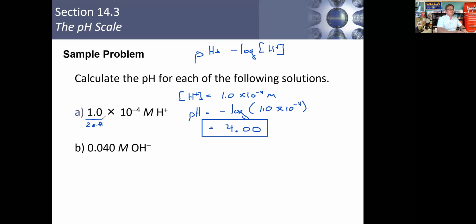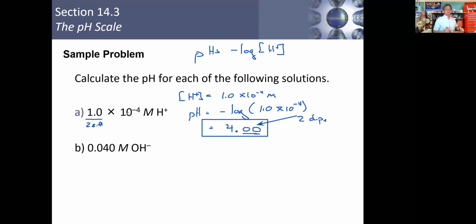Because we have 2 significant figures, we have to end up with 2 decimal places in our pH. The pH then has 3 significant figures, but it's these 2 decimal places that come from the 2 significant figures here. Make sure you keep that in mind.